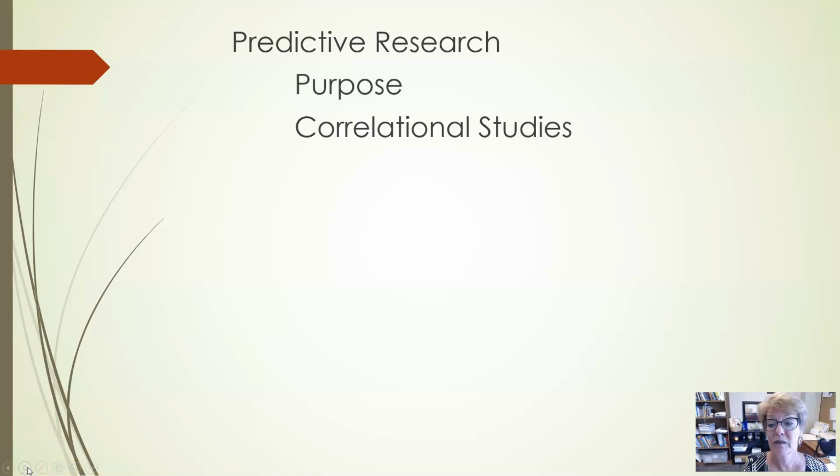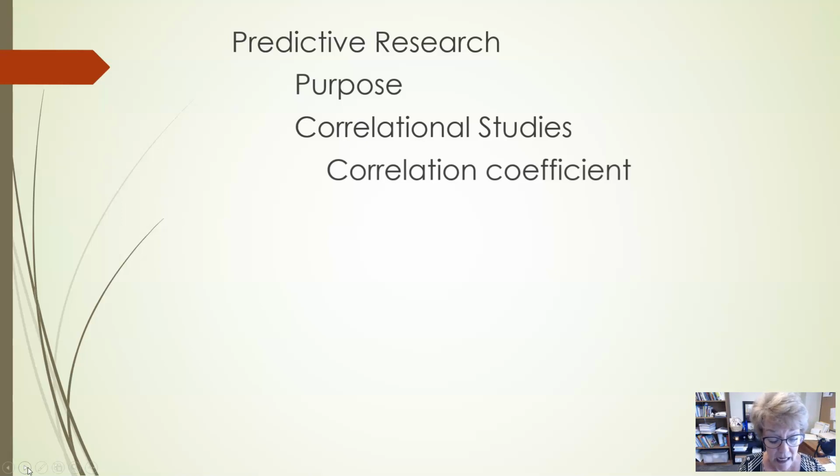For predictive research, we put our information into the computer program and come up with what we call a correlation coefficient. This is the number that tells you how closely related the variables are. And again, we'll just deal with two variables. It's much easier that way.